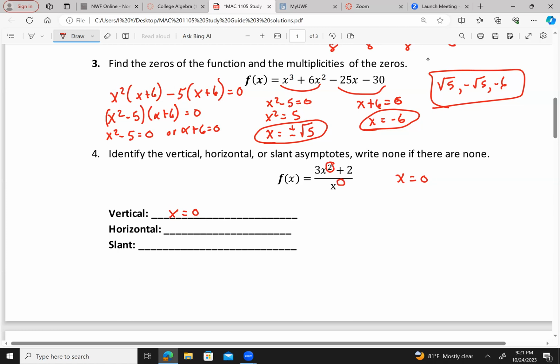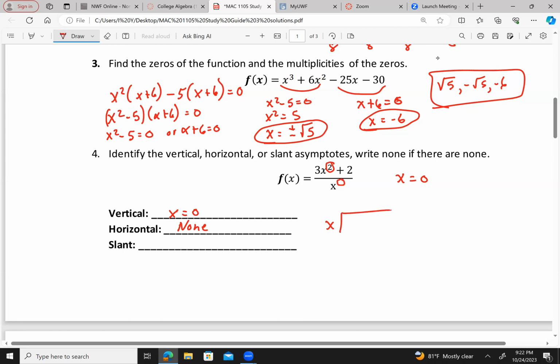That means we do not have a horizontal asymptote. However, since the degree of the numerator is 1 greater than the degree of the denominator, we may have a slant asymptote.